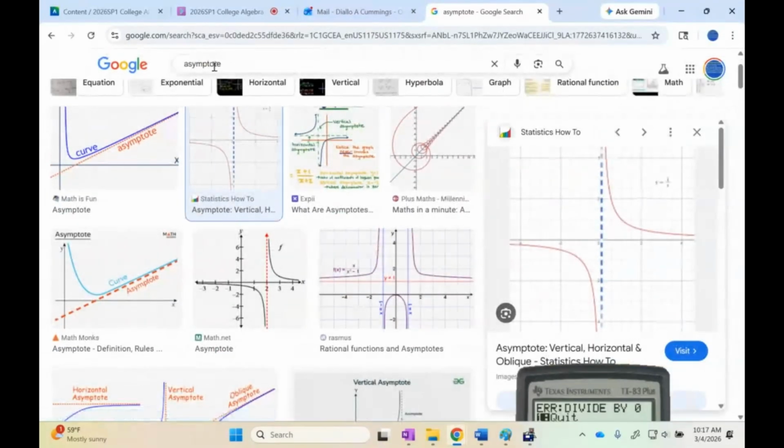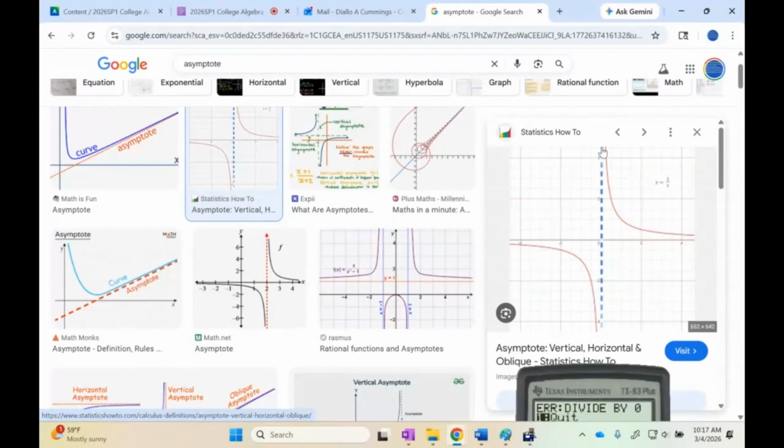Okay, so I'll just put in asymptote. It's just to get an idea what an asymptote is. An asymptote is an imaginary line, it's not a part of your graph, that your graph comes closer and closer and closer to, but never actually touches the line.